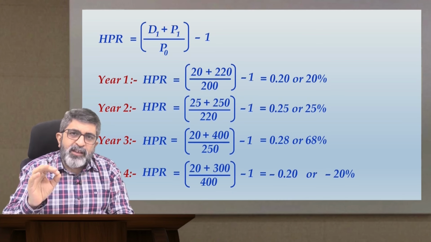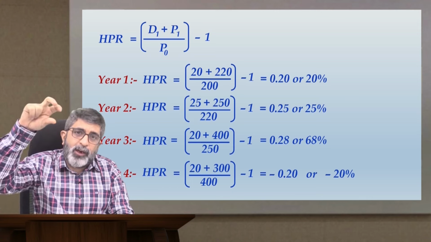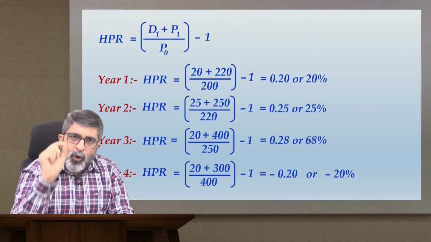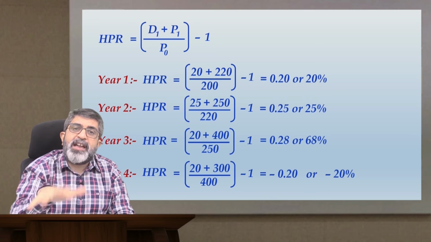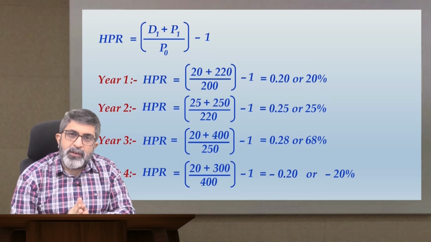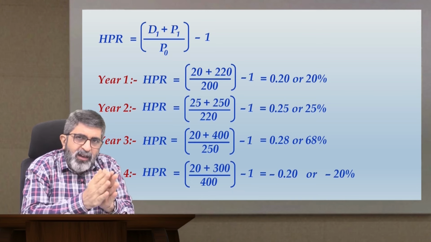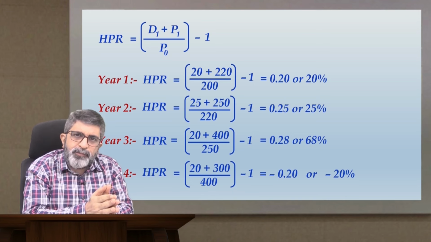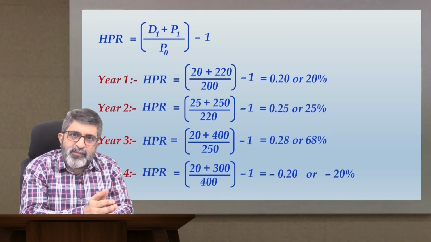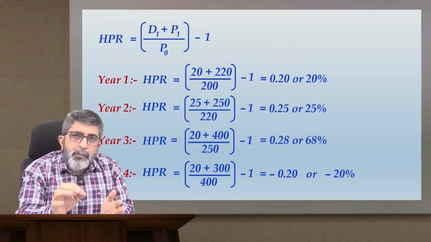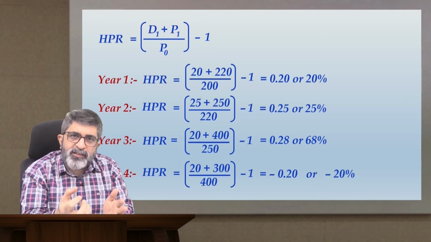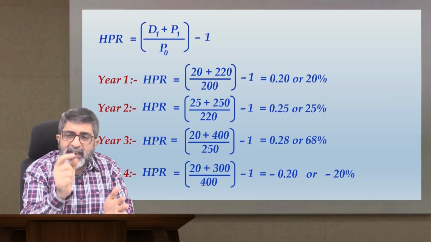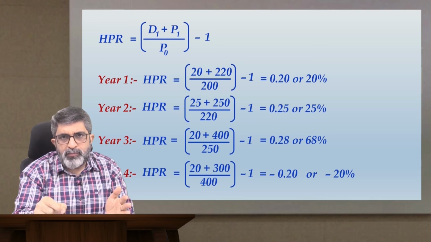Year 3 has given exceptionally a very high rate of return, and year 4 went into a stage of loss where the returns are negative. Correct? Now, what did our client do over here? The client has pumped in big amount of money by purchasing some additional shares at what time? At end of year 2.